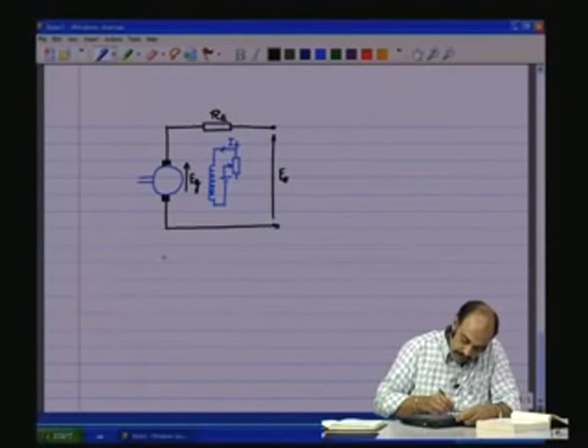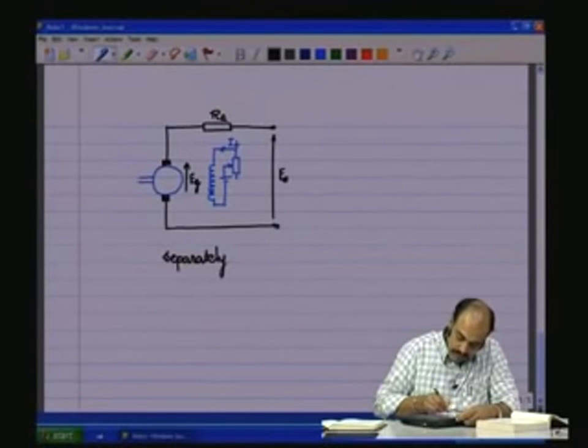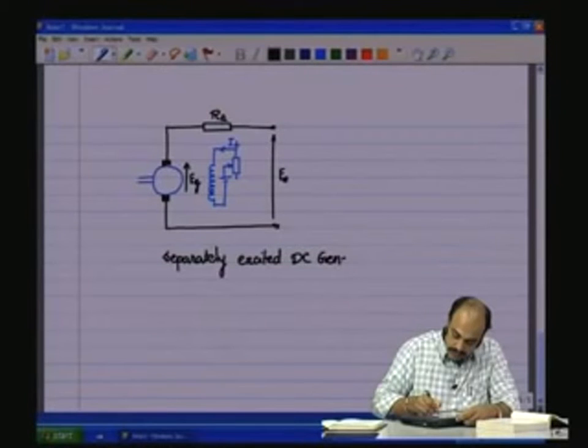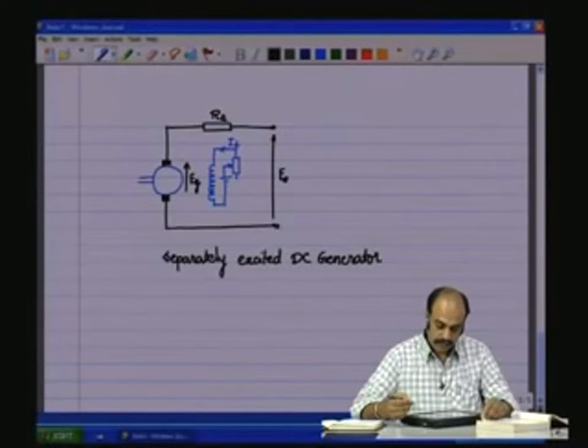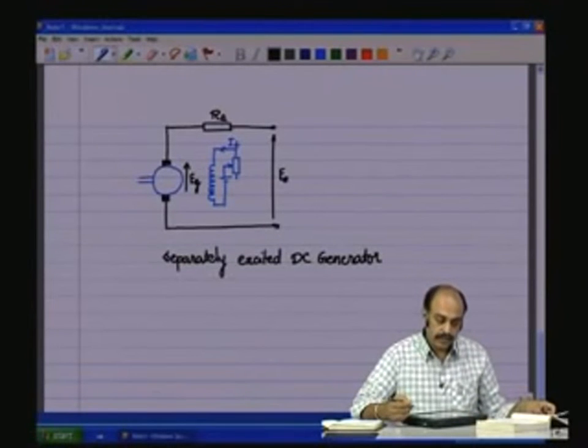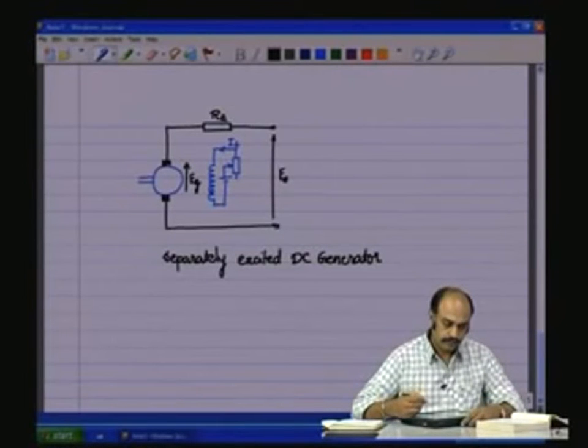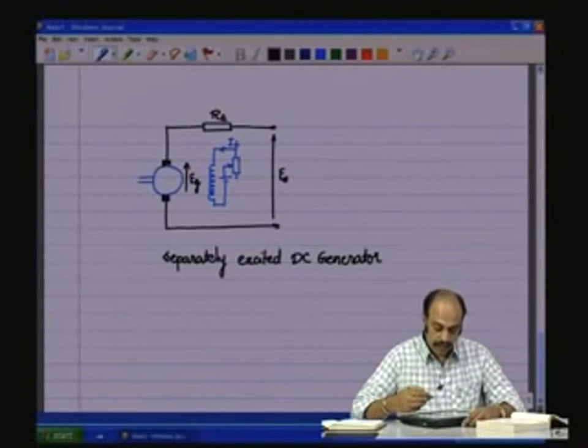Now, this is a separately excited DC generator. The separately excited DC generator that we discussed in the previous class. The other generator that we were saying, the shunt generator.